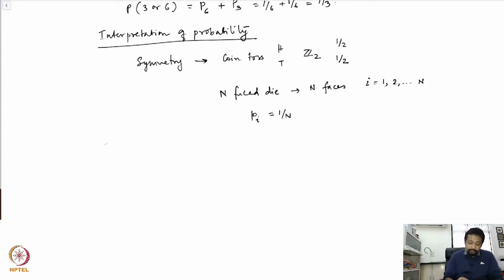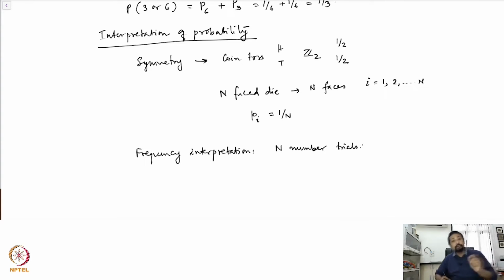The other interpretation which is also often used is the frequency interpretation. In the frequency interpretation, you have n number of trials. So if you are tossing a coin, you toss it n number of times.